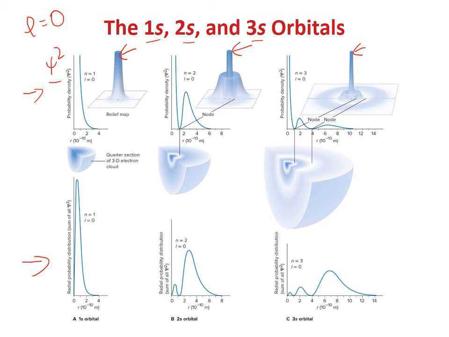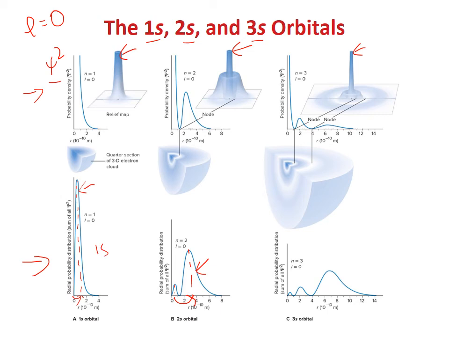And you can see for 1s orbital, there is a distance where the probability is the maximum in that layer. So this is the most probable distance for 1s orbital. For 2s orbital, we found two maximums, and the second one is larger. And the distance here is greater than the distance of the maximum for the 1s orbital.